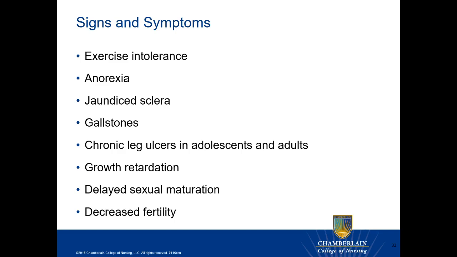Remember, oxygen is not getting where it needs to go. Growth retardation, they may be smaller than their average peer at school. And delayed sexual maturation, decreased fertility. All are results of this vaso occlusion, and it may be repeated insults in that department.